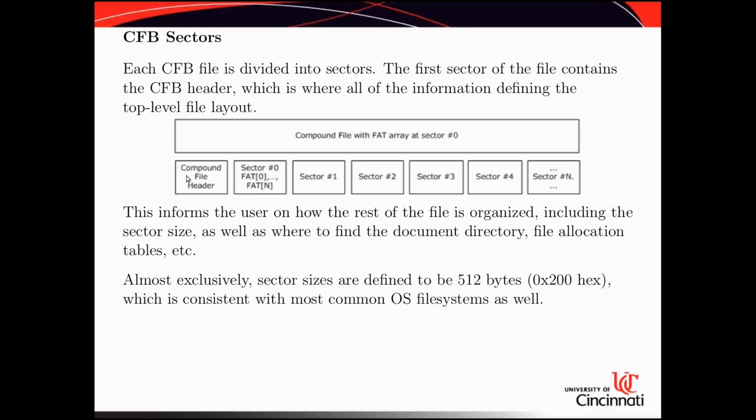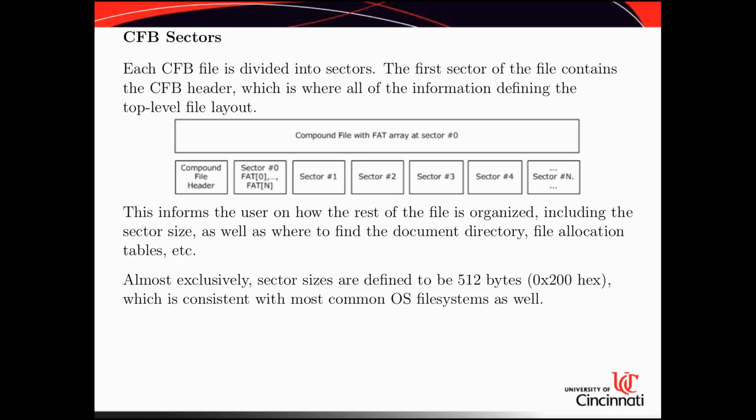Basically, they end up having header data, and then the next sector, so 512 bytes after that, is the file allocation table. I think it ends up being a 32-bit file size or something like that. So it tells you which sectors end up mapping to the different streams.